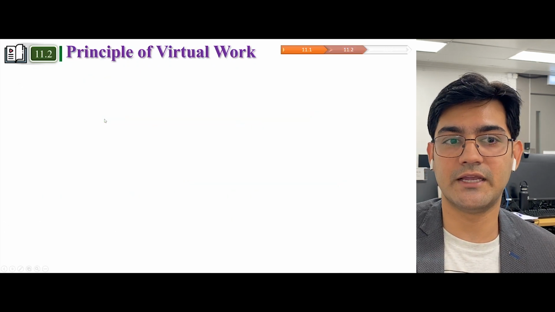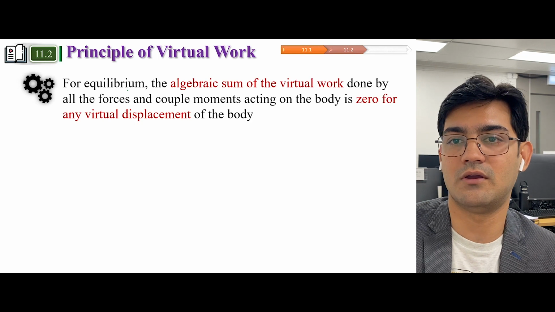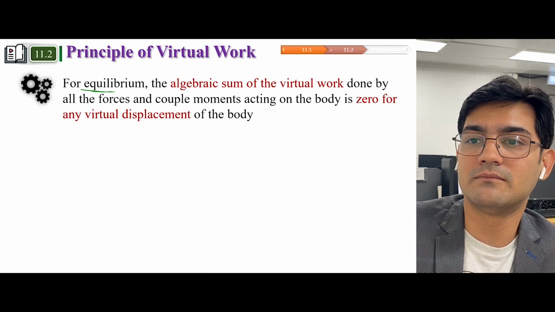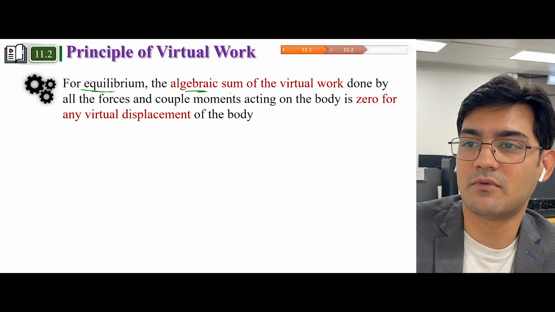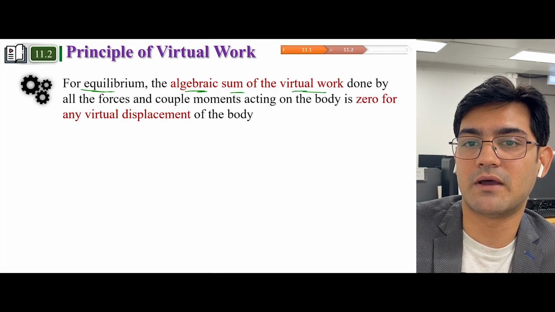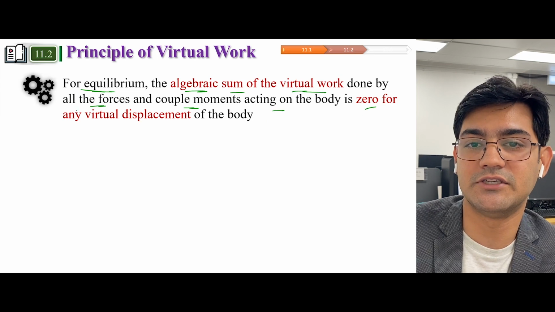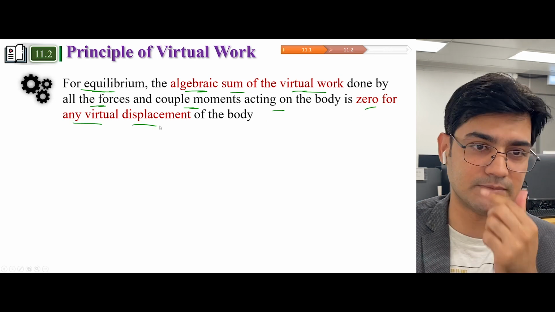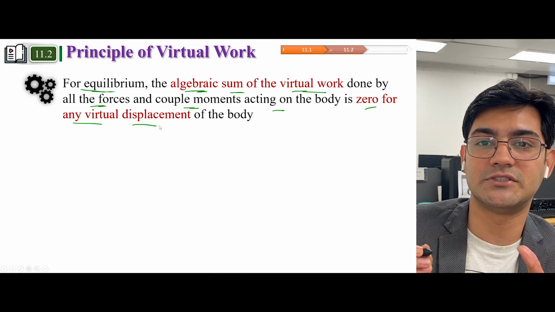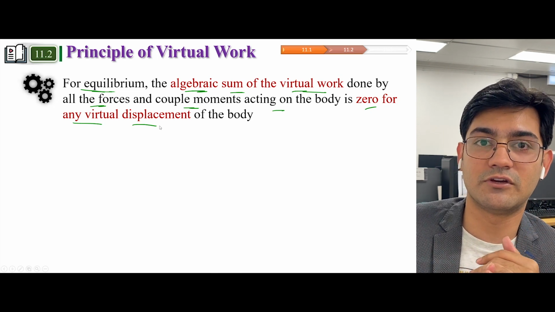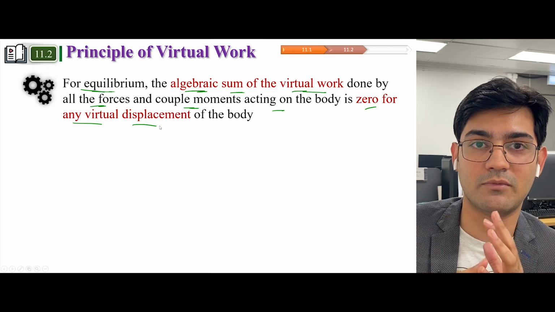Now, what is the principle of virtual work? For equilibrium, the algebraic sum of virtual work done by all the forces and couple moments acting on a body is 0 for any virtual displacement. Just like equilibrium equations, we also need to figure out whether the virtual work done would be in equilibrium or not.